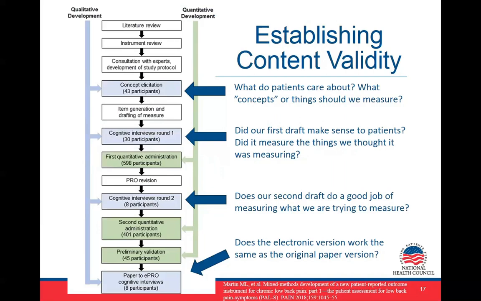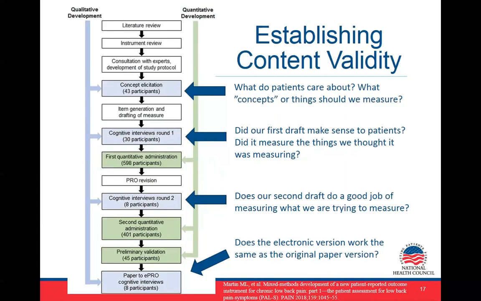And then where the blue box says cognitive interviews round 1, they'll go back to a different group of patients and they'll ask them the questions that they've put together in that draft tool to be sure that that draft makes sense to patients. Did it measure the things we thought it was going to measure? We'll then proceed through the development process, and then we'll administer that draft tool to a larger number of patients.